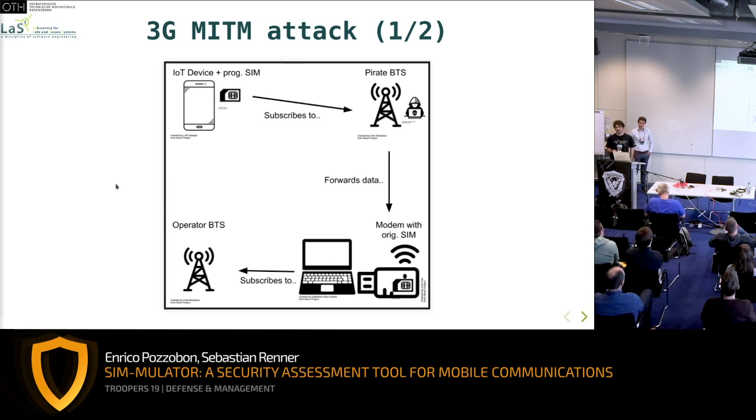Then the pirate BTS routes the traffic to a PC which is connected through a modem to the legitimate operator, using the original SIM card. And this works 90% of the time, even more, on most devices.